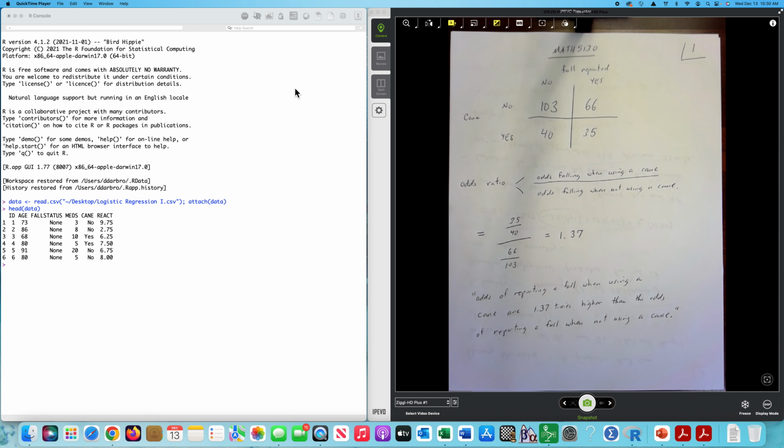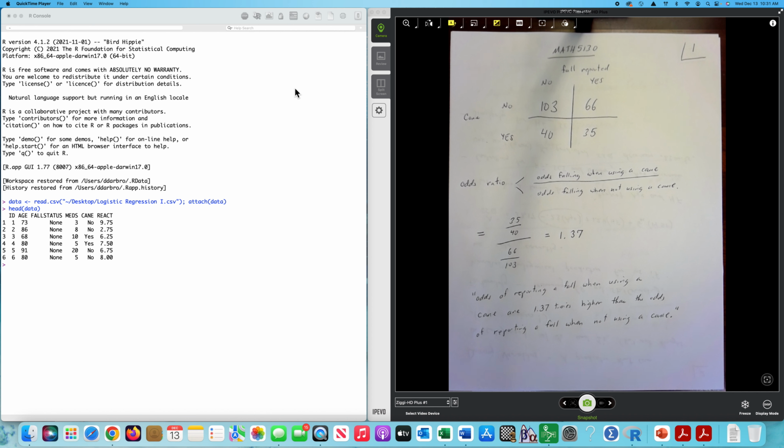Put this in your calculator, you get the odds ratio of 1.37, and the interpretation would be the odds of reporting a fall when using a cane are 1.37 times higher than the odds of reporting a fall when not using a cane. That's kind of opposite of what I would expect, because you would think that a cane would minimize the possibility of falling.